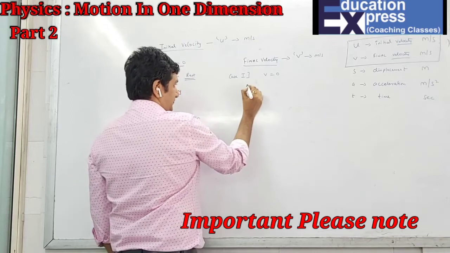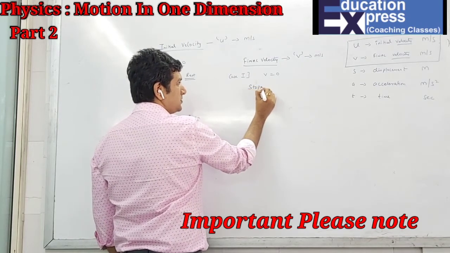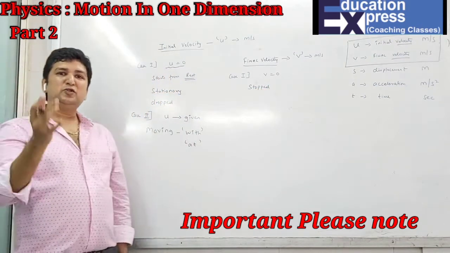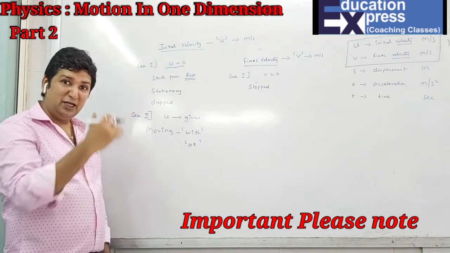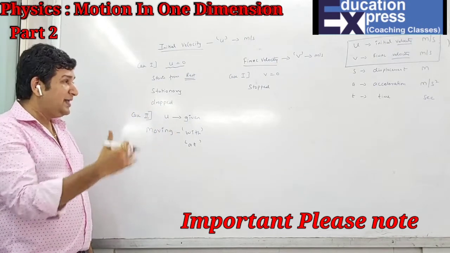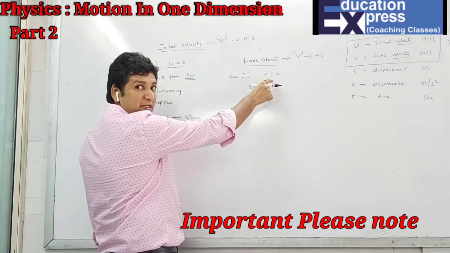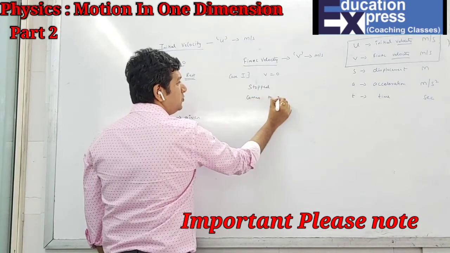First, when you see the word stops or stopped. When the body is moving and now you are stopping it, that means initially the body had some velocity, but as you are stopping, the body will come to rest, hence V will be 0. Similarly, the second phrase used will be "comes to rest".